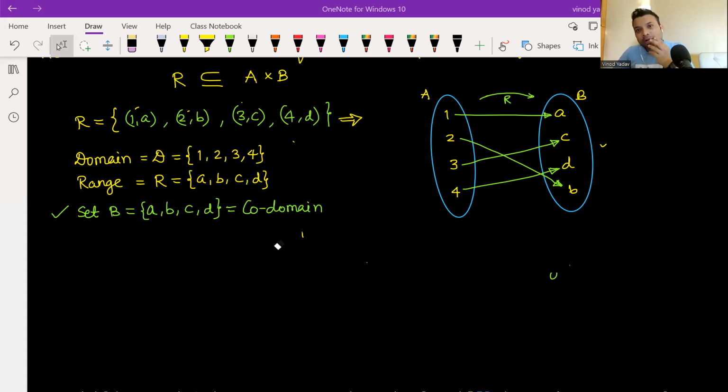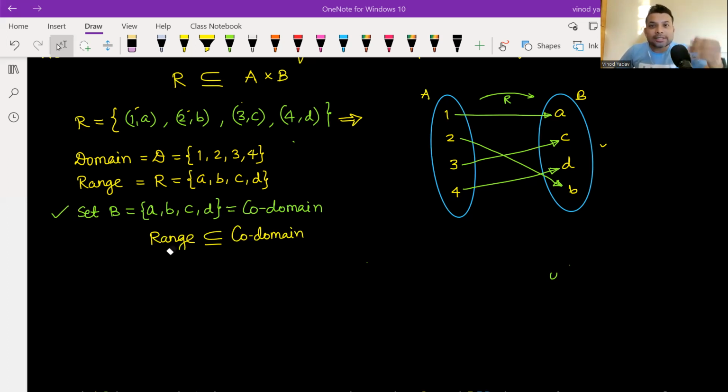Sometimes some particular elements in set B, the codomain, may not have pre-images, that is, they are not connected. So we can conclude that the range will always be a part of the codomain. A part of means subset of, the hi-fi word. So the range will always be a subset of the codomain.